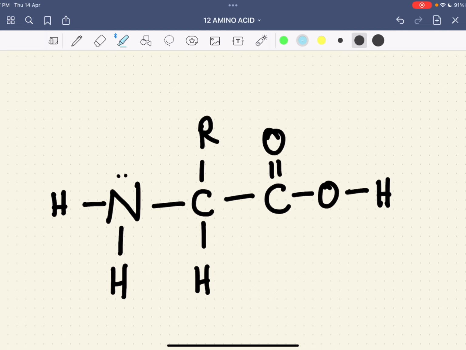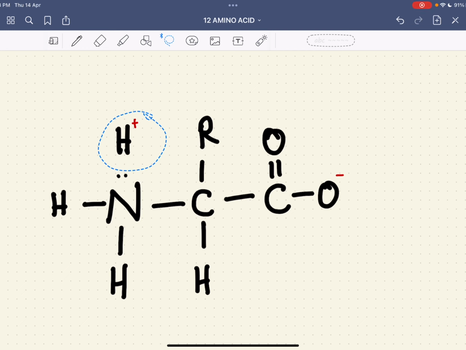When the internal transfer of hydrogen happens, this bond will break, and both of the electrons will be given to O, which makes this negative, and this becomes H plus.